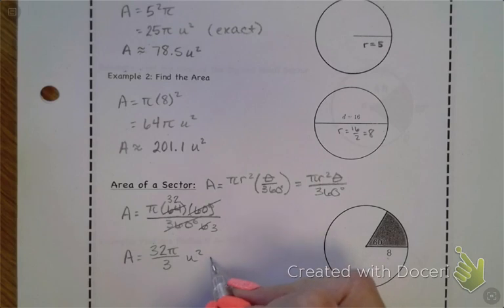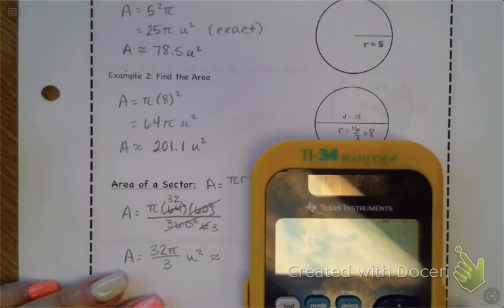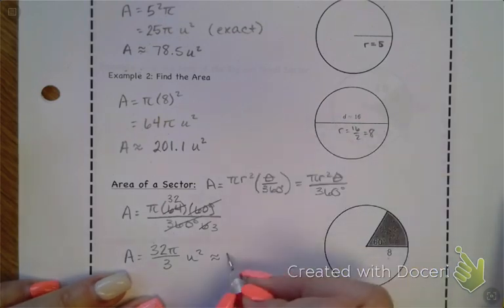Or approximately, I didn't put this one in my calculator evidently on my notes, so I guess I'll just show you how I put it in. So I have 32 pi divided by 3. And you get approximately 33.5 units squared.